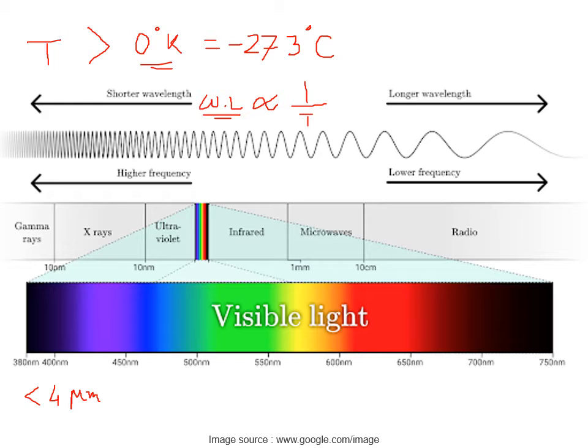The second group is the long wave radiation, which has wavelength greater than 4 micrometer. So 4 micrometer is the demarcating boundary. Wavelengths less than 4 micrometer are the short wave radiation, wavelengths greater than 4 micrometer are the long wave radiation, and this long wave radiation includes the infrared rays, microwaves, and radio waves.